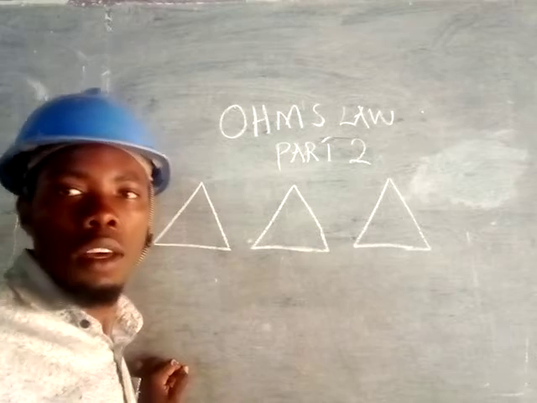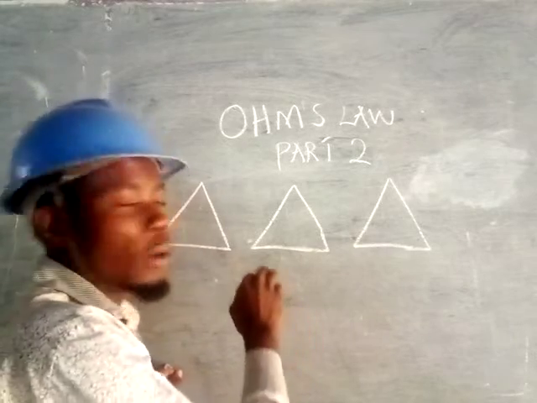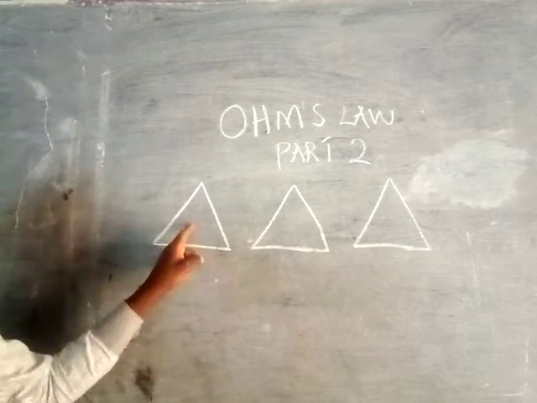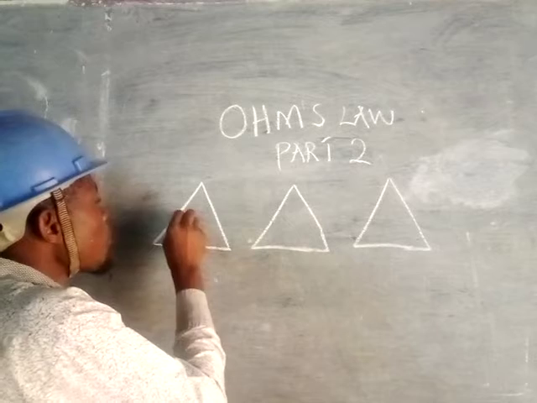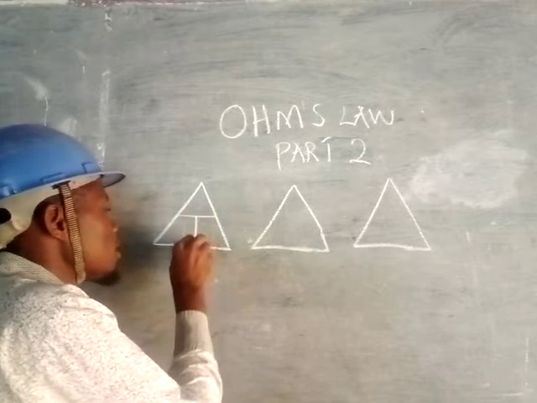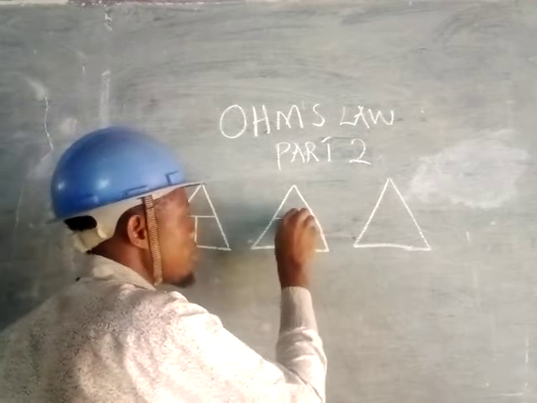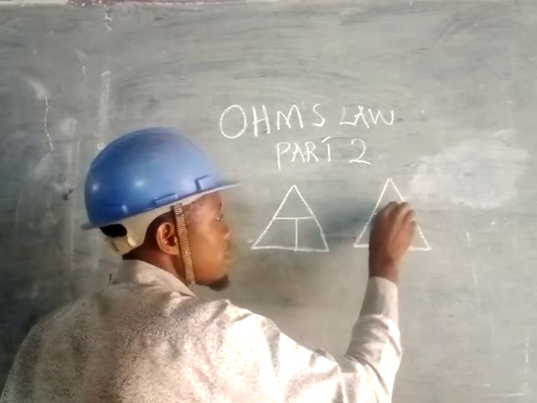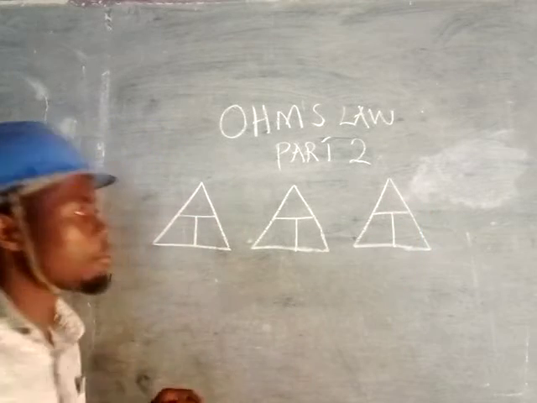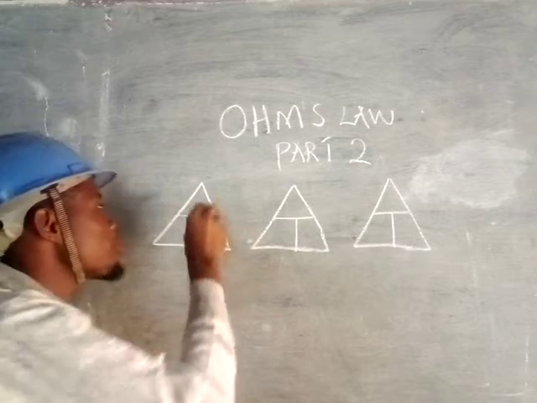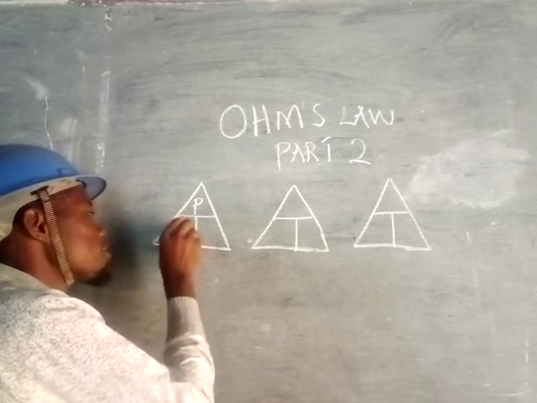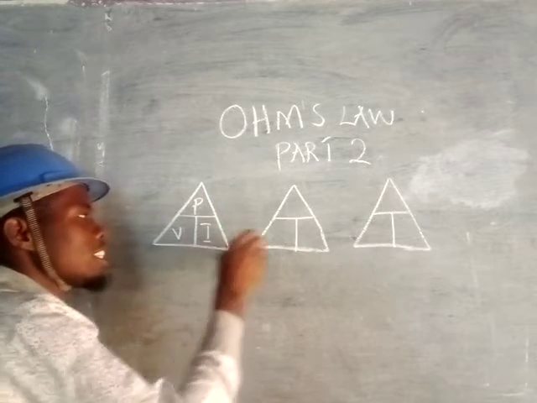Like here we are having these 3 triangles, as in the first video. Here we bisect into 3 portions, and we are going to put power, voltage, current.